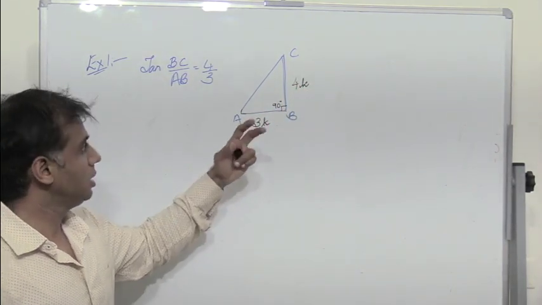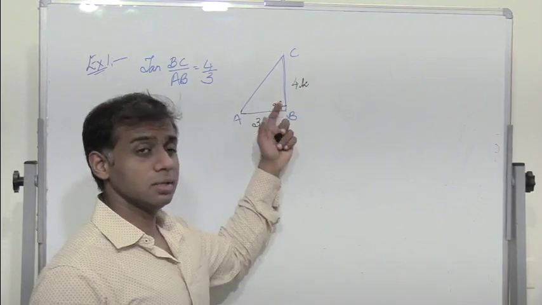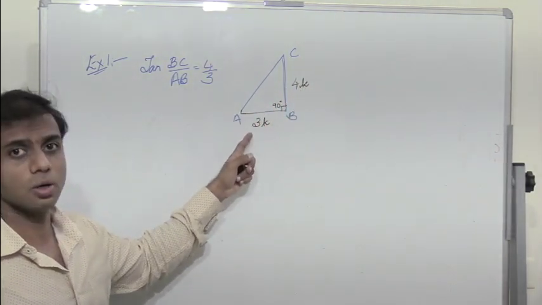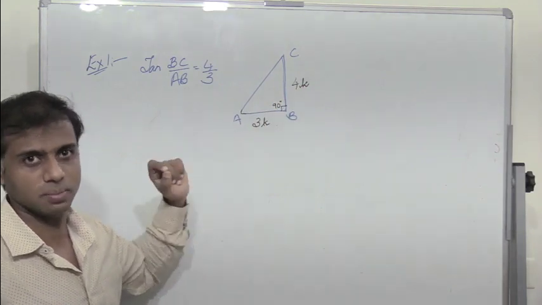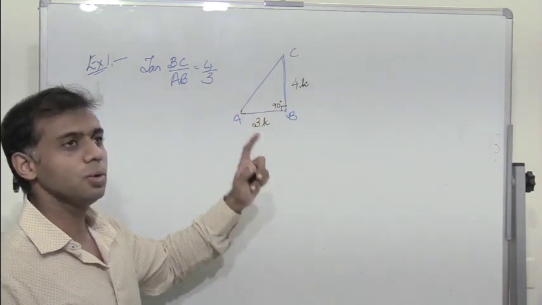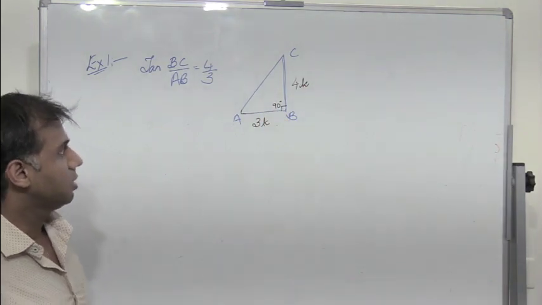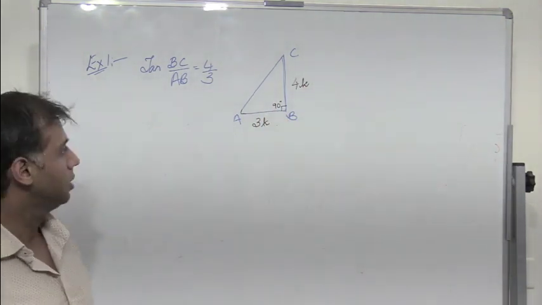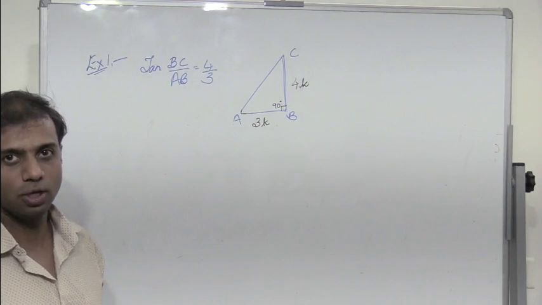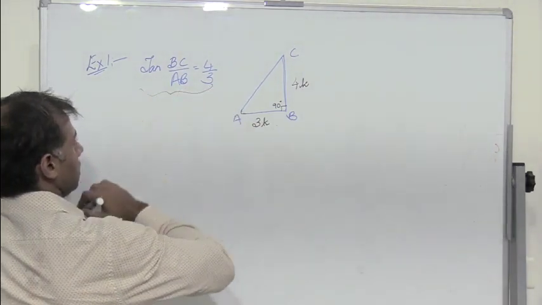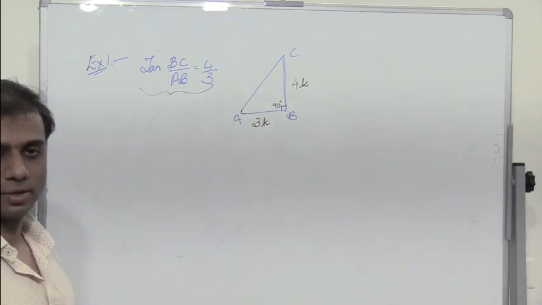So it can be a multiple of 4 and 3, and if I multiply 4 and 3 with a constant k, which is a positive number, the ratio is still 4 by 3. So BC is 4k and AB is 3k. When I take the ratio, I get tan A, which is 4 by 3.